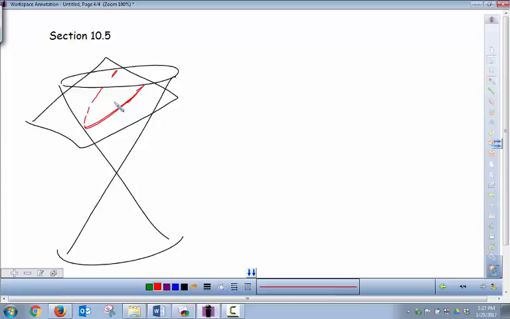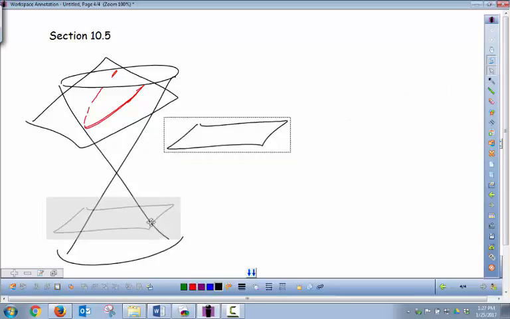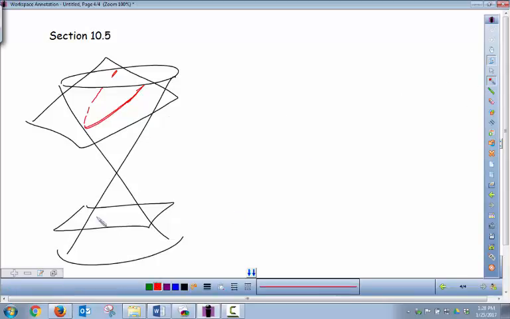Like if you cut it with a plane that's absolutely perpendicular to the cone, you would get a circle.